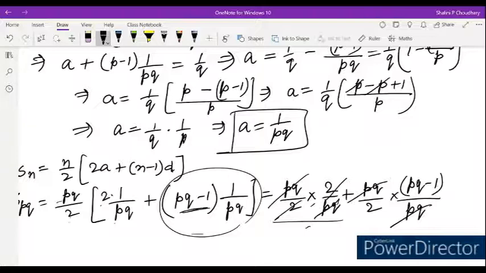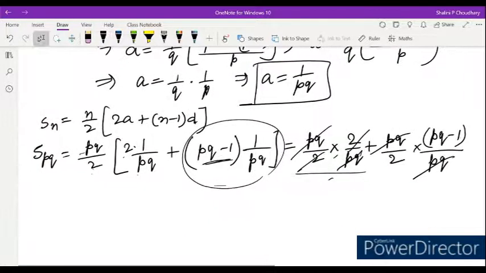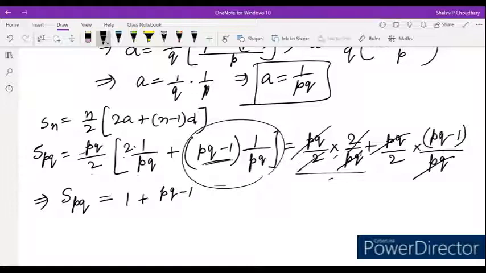This cancels, pq cancels, so what value will we get? It means S pq, the sum of the first pq terms, will be equal to 1 plus (pq minus 1) upon 2. Okay, it means 2 plus (pq minus 1) upon 2.